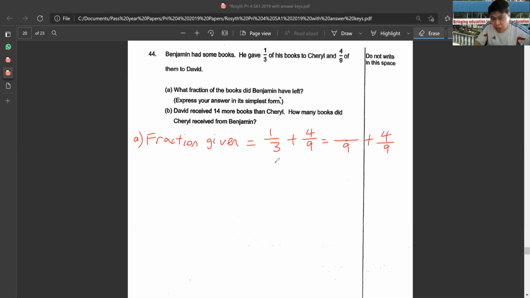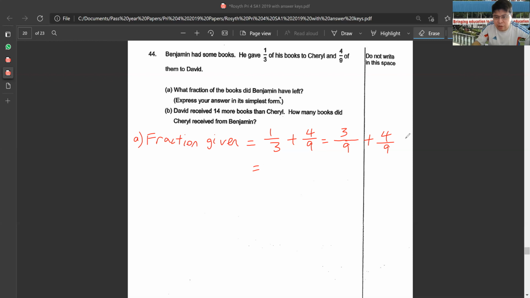Because 9 is the lowest common multiple of 3 and 9. So you change to 9. You don't change to 27, please. 1/3 is how many over 9? 3 over 9.